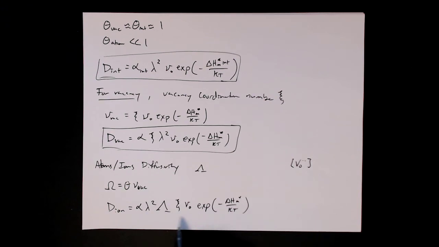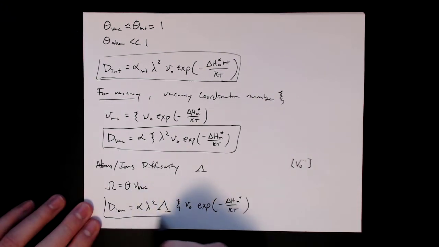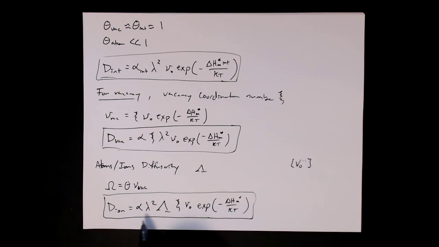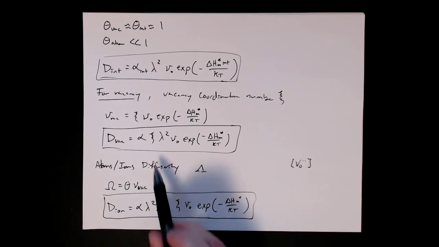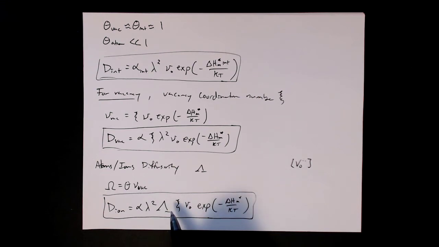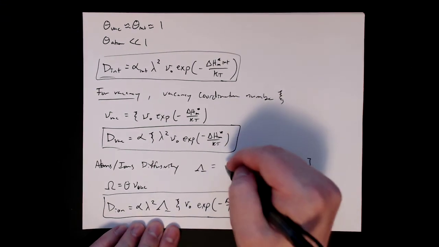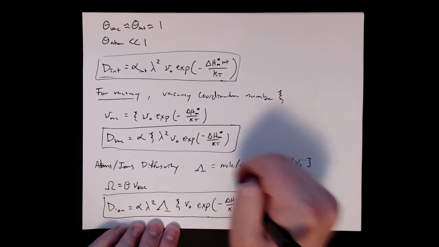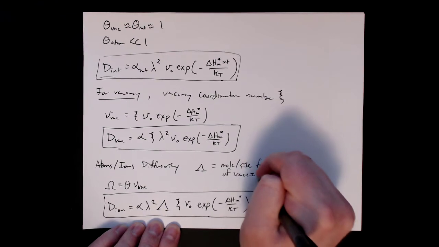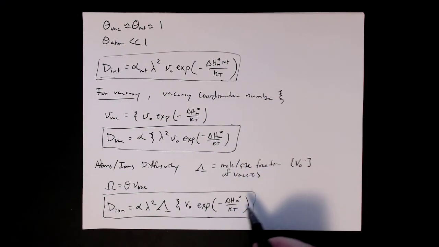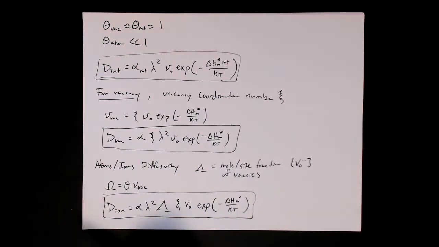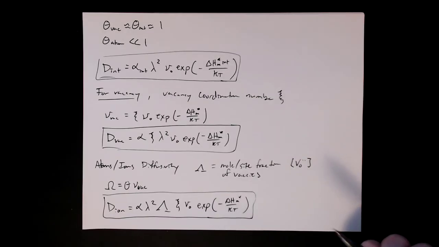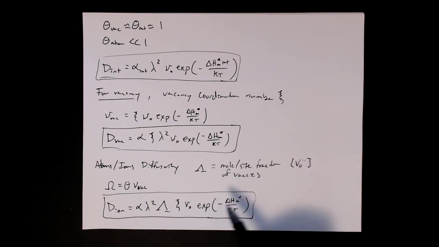So in essence, we can closely relate the diffusivity of an ion to the vacancy, and if you're following along with these two, the only difference is the factor of this, which is the mole or site fraction of vacancies. So that's the modification to it, because that tells us basically this term right here. And so that's where we get all of this.